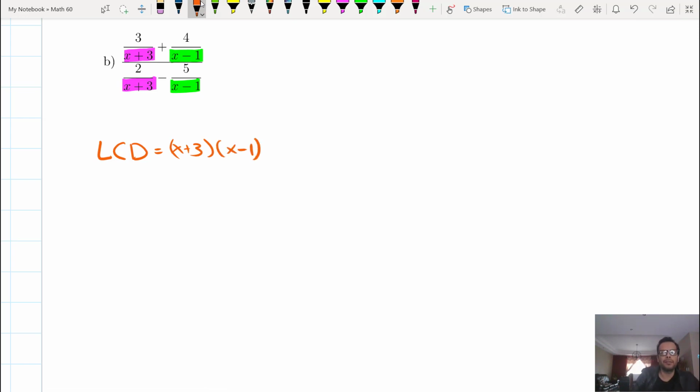That'll be our LCD. So let's go ahead and multiply numerator and denominator by the LCD, which is this quantity x plus 3 times x minus 1.